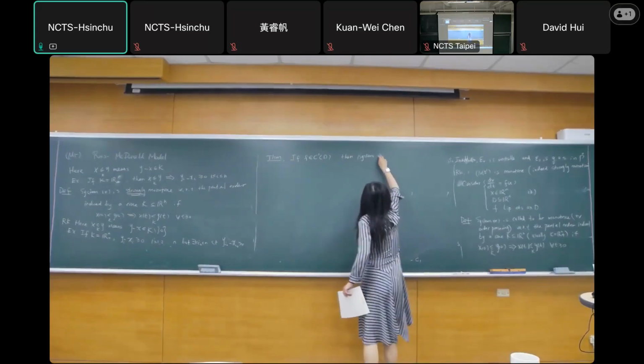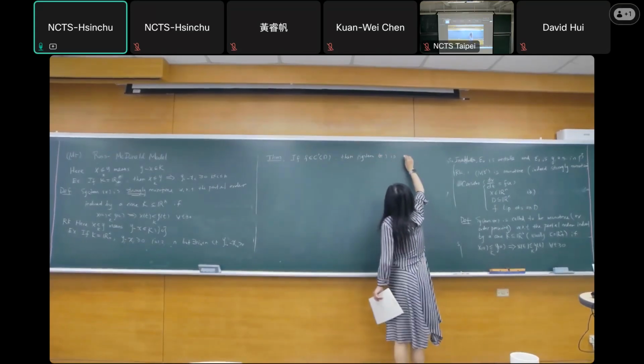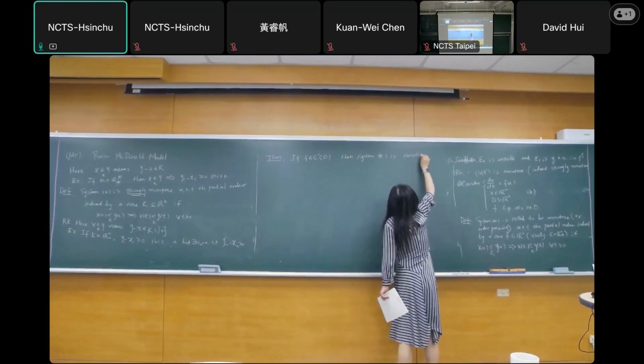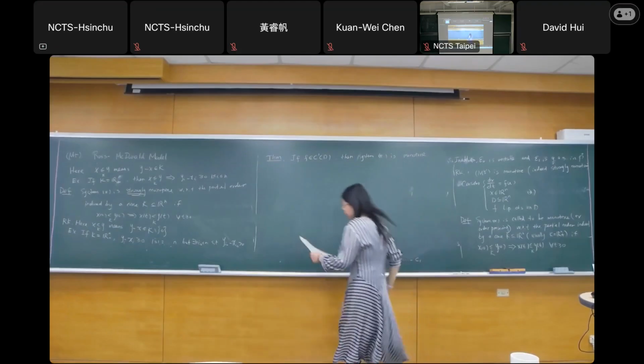The general system star is said to be monotone, not monotonic. This is monotone.